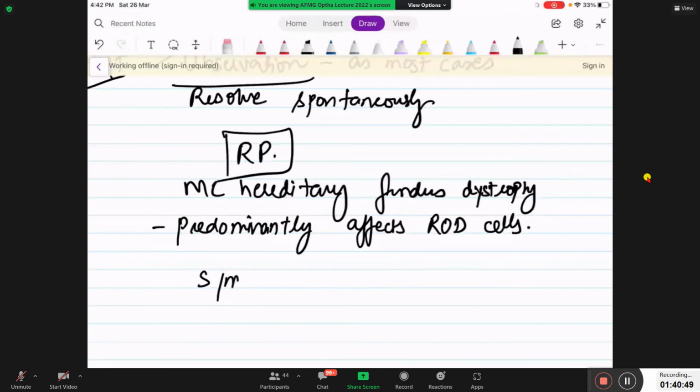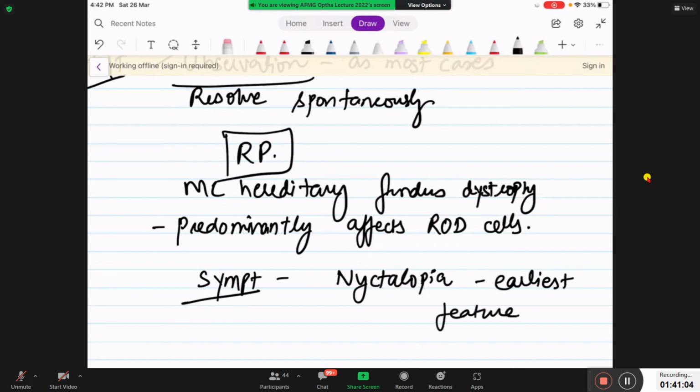Write down symptoms. Patient complains of nyctalopia. And this is the earliest feature. Earliest feature is nyctalopia.